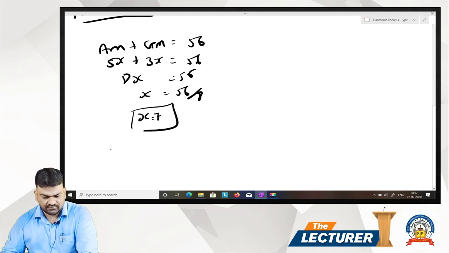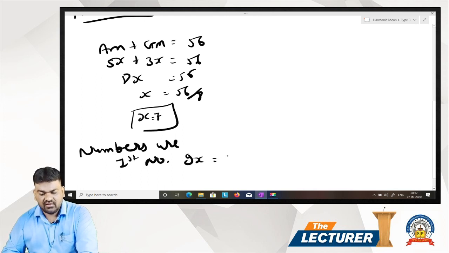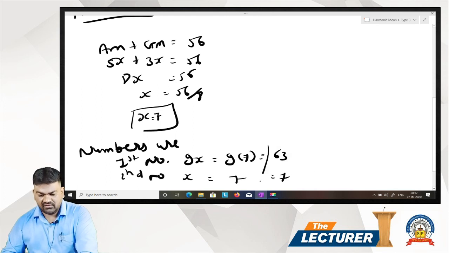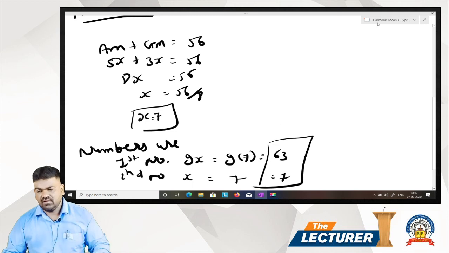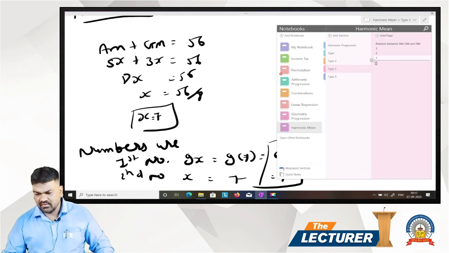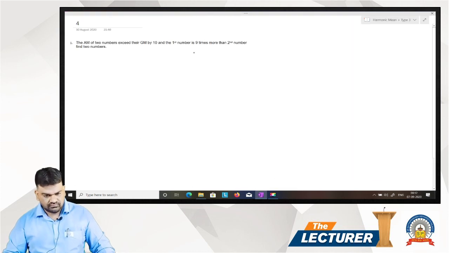So the numbers are: first number we assumed 9x. 9 multiplied by 7, that is 63. Second number x, 7. So the numbers are 63 and 7. Now the last of this type, example number 4.